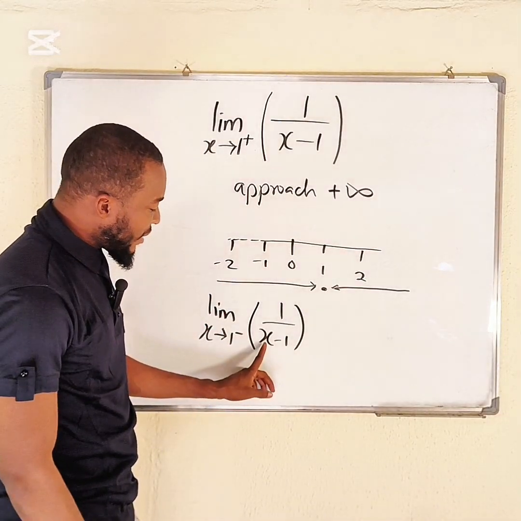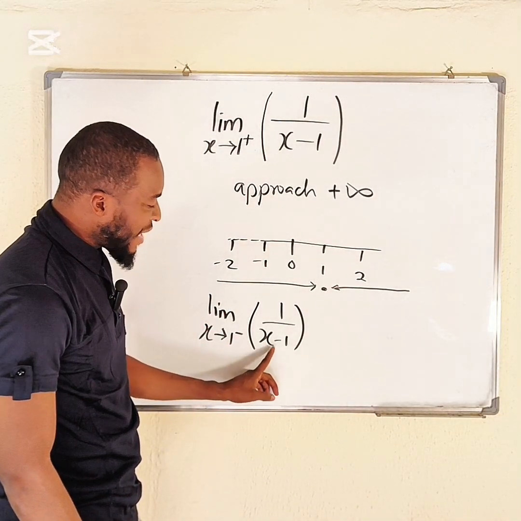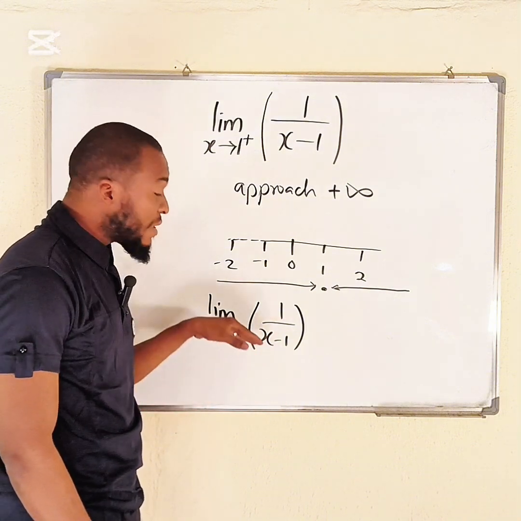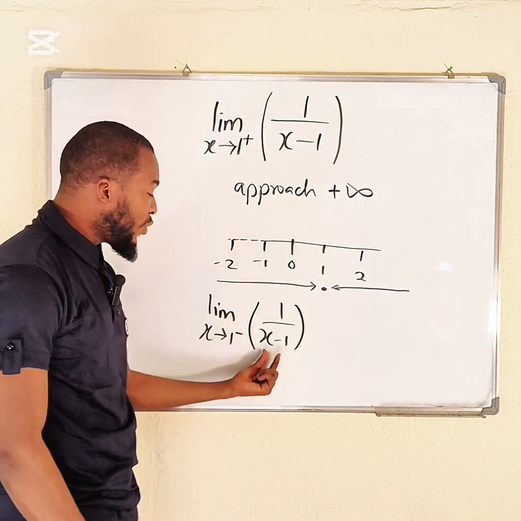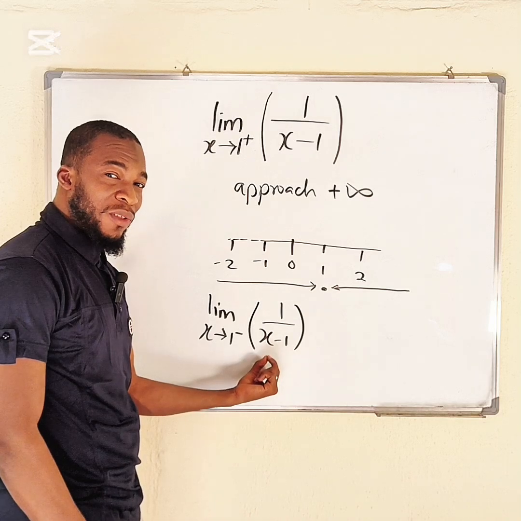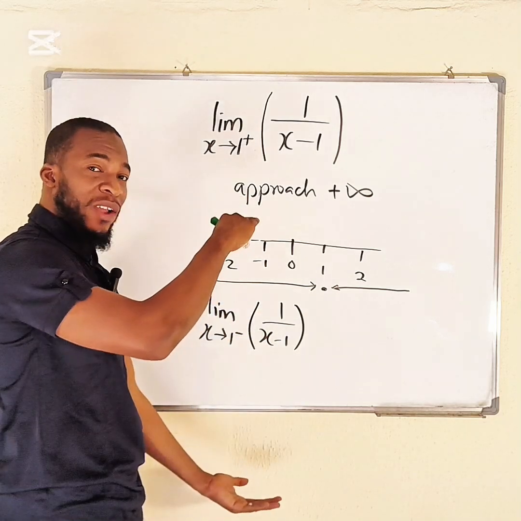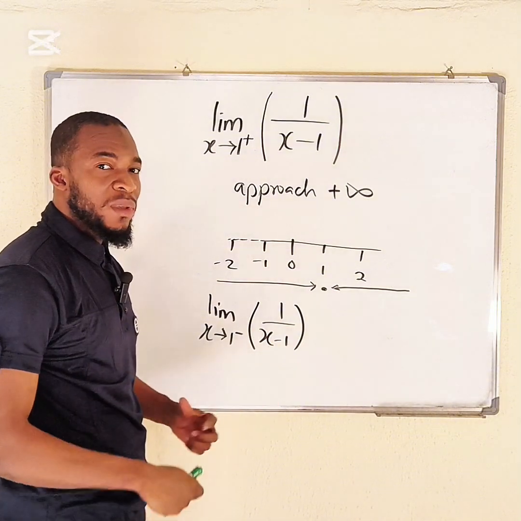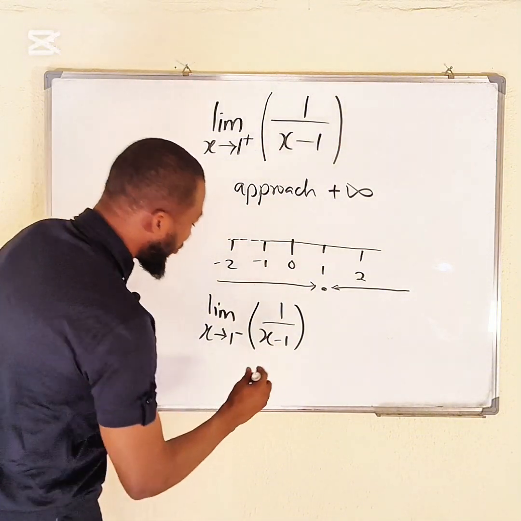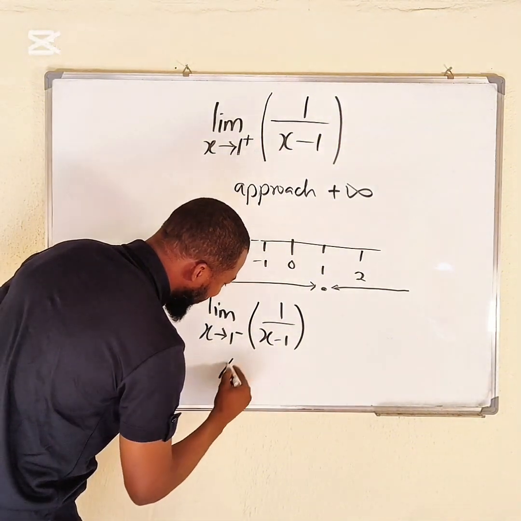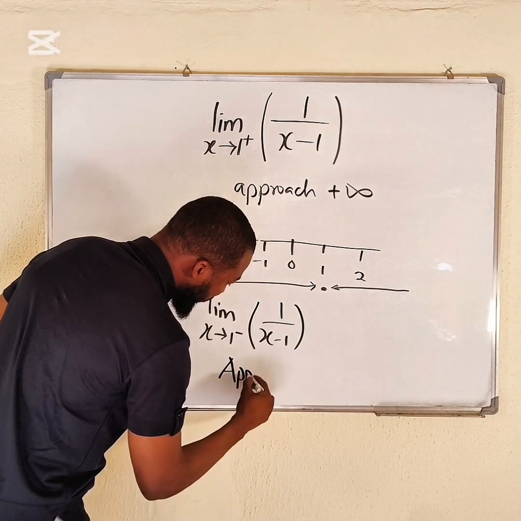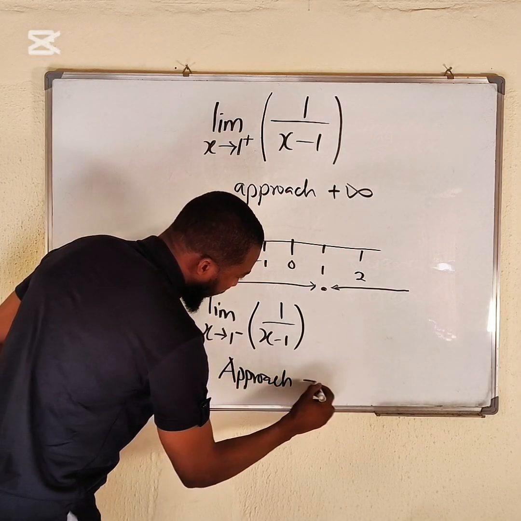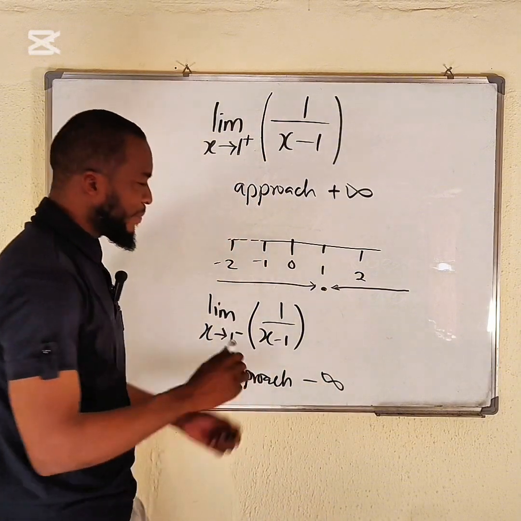So you can see that 0.9999 minus 1 is still negative. So this is approaching negative, though this is approaching 0, right? So it will make the whole fraction approach infinity. But since the bottom is negative, this is going to approach negative infinity.